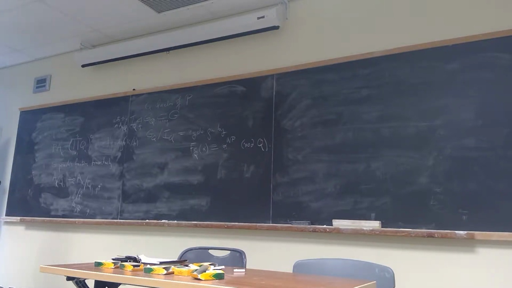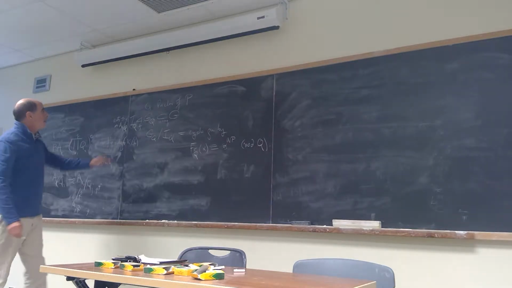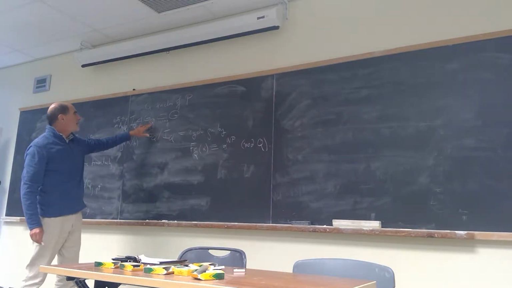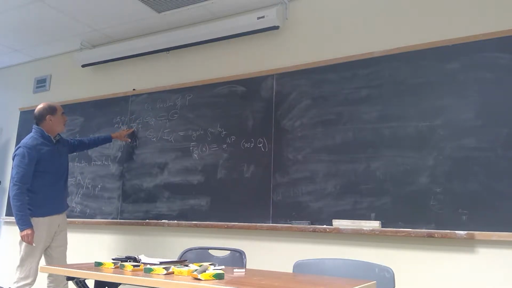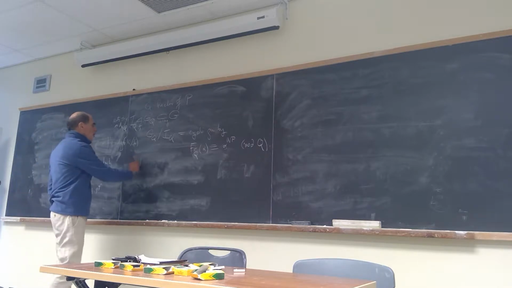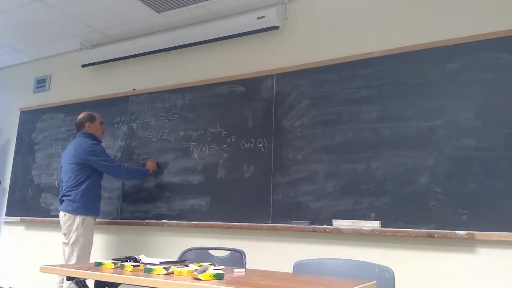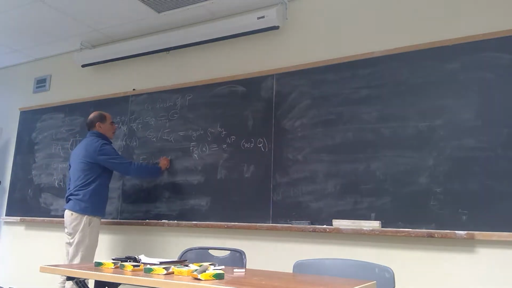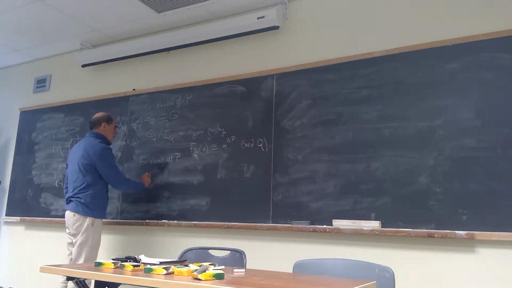So we have this situation for every prime P of our number field K. We have a subgroup fixing the factor, we have a subgroup of that, which acts trivially on the residue field, and the quotient group is cyclic. And for almost all primes P, e of P is equal to 1.